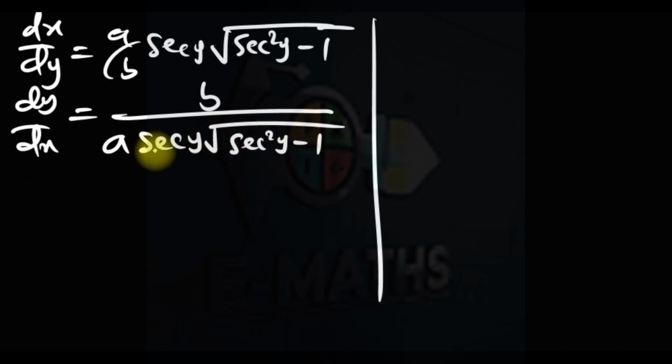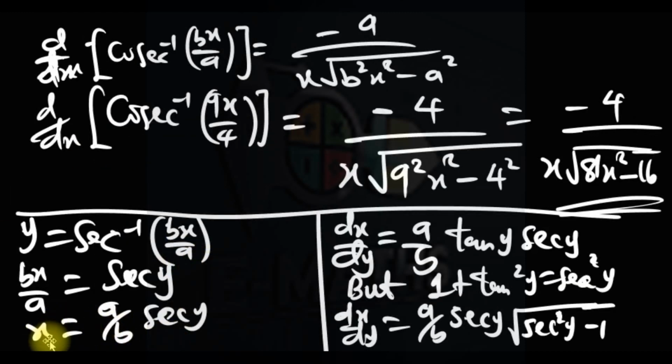So we need to substitute. We'll go back. If you see, bx over a is sec y, because whatever we get must be in terms of x. So we substitute sec y as bx over a.